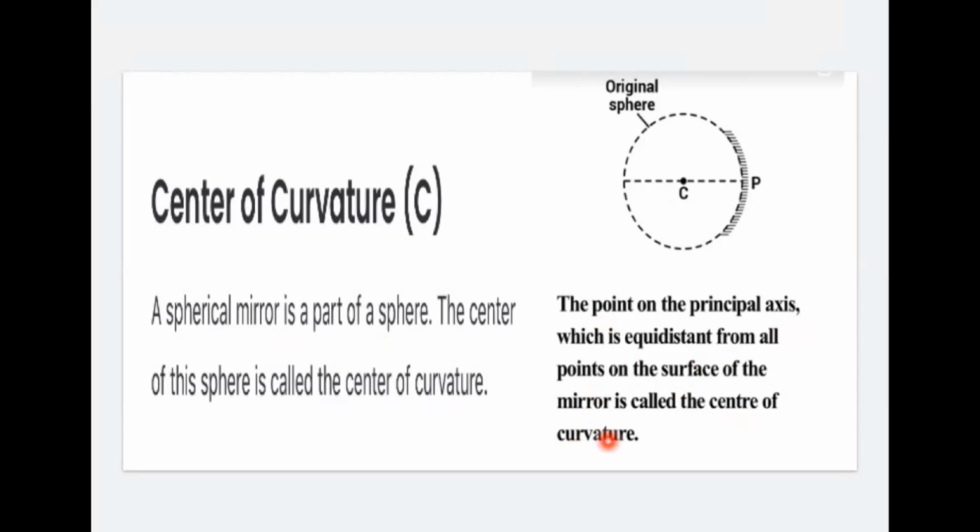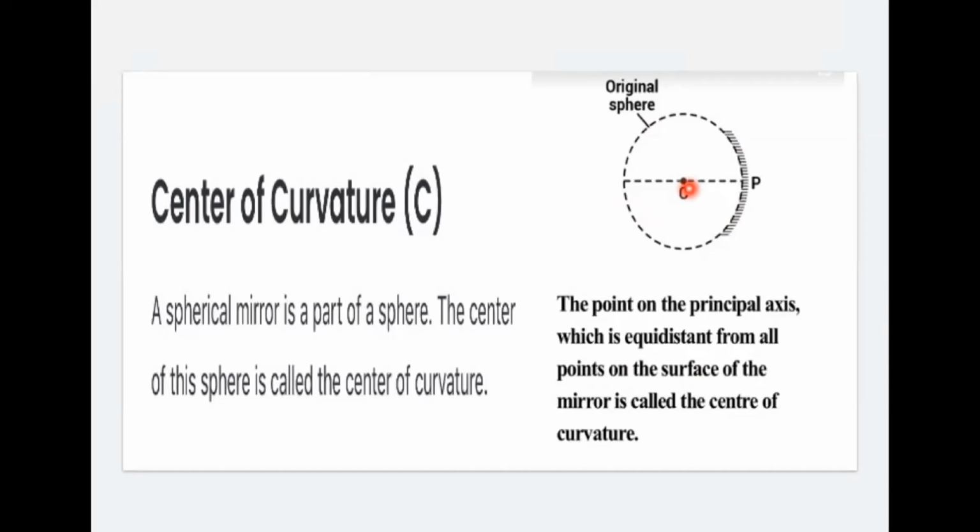Now, students, pay attention over here. Whether it is a concave mirror or a convex mirror, this part is always going to be a part of some imaginary sphere, and that imaginary sphere will have some center.